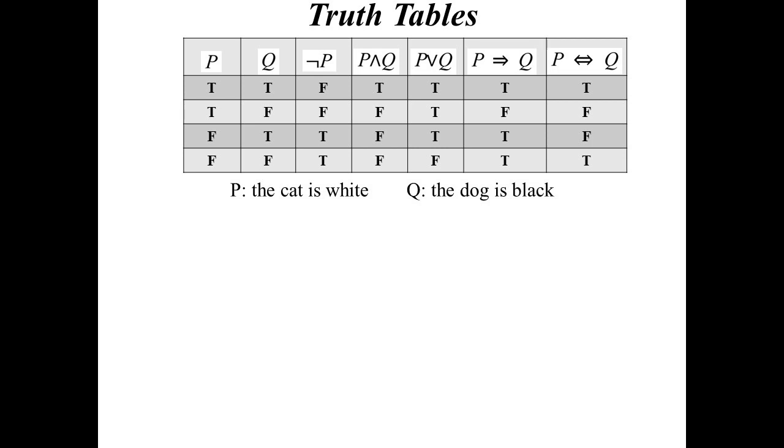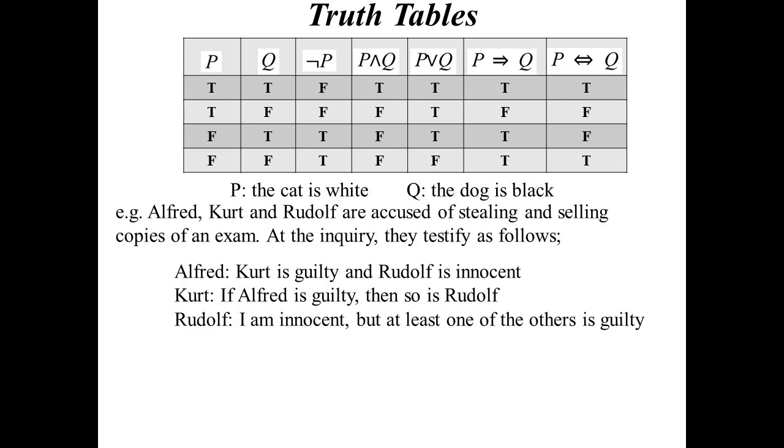So now it's time for you to play, because you'll notice I did not put the answers down for this example. I'm leaving it for you guys to see if you can work out this little logic problem. Three students, Alfred, Kurt and Rudolph, are accused of stealing and selling copies of the exam. Now, there was an inquiry and they testify.